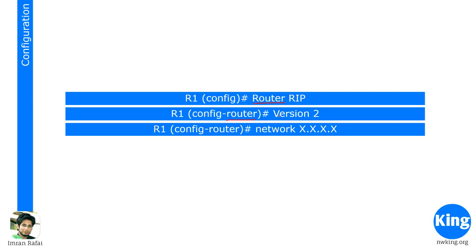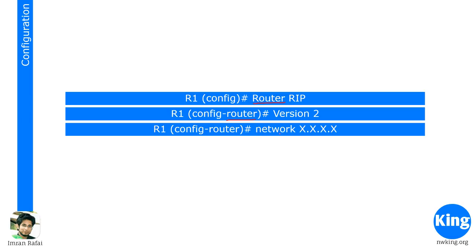In RIP router configuration, we say version 2. So just type the word version 2, which means we're telling the router that we're going to use version 2 of RIP, and that is the latest version. So we will not even be looking at version 1. We will only be looking at version 2. And the next information that we need to give is which network to advertise.